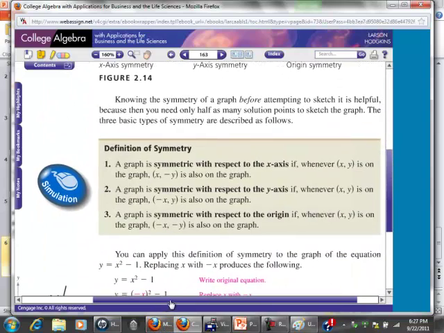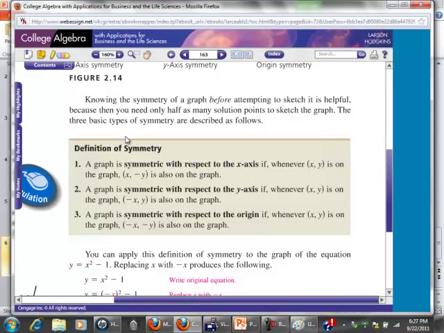Okay, so here's what it means. This is the definition of symmetry. But you want to know, how do I have a formula and check for symmetry?